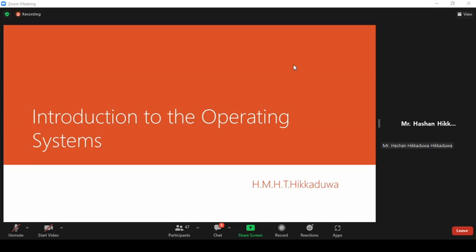So other than Windows, what are the operating systems you have used? Ubuntu. Yes, good. Ubuntu is an operating system. Then Mac OS is another operating system. These are the famous operating systems: Mac OS, Ubuntu, and Windows.